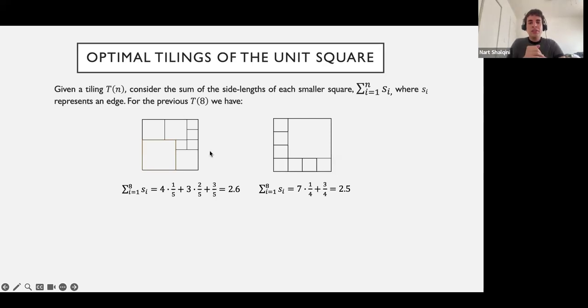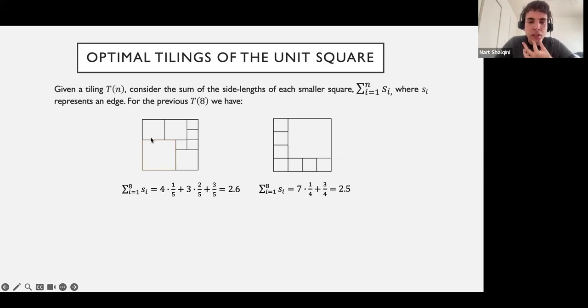It turns out that this value can be different for the same number of tiles depending on our tiling configuration. If I look at the previous examples with 8 squares, the one on the left is going to have a slightly bigger sum of side lengths than the one on the right.